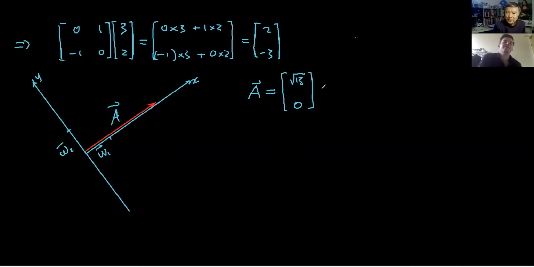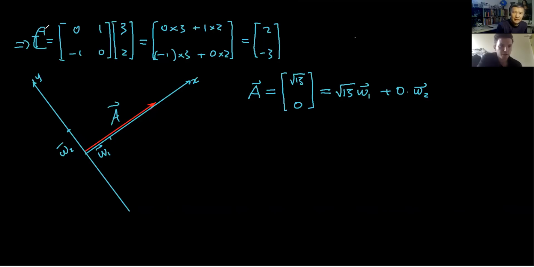In other words, if you rewrite the linear equation, it becomes square root 13 multiply w1 and 0 multiply w2. I see. Okay. So remember, these are transformations from old to new.